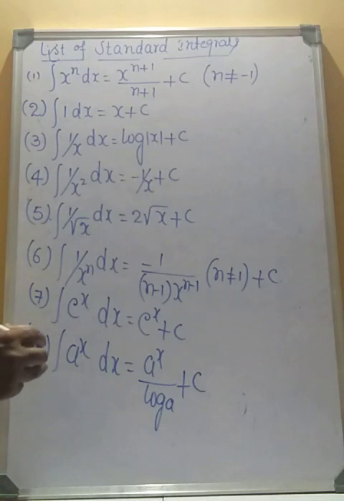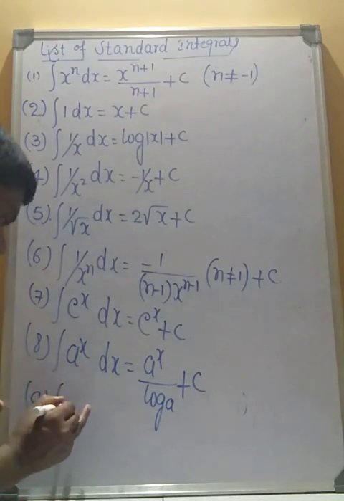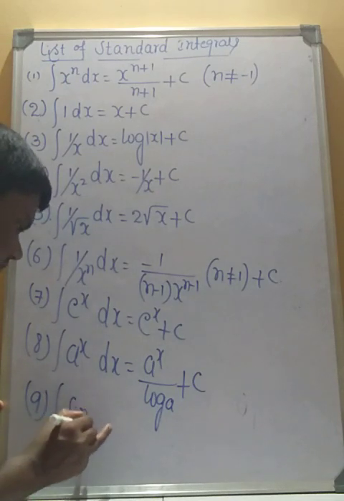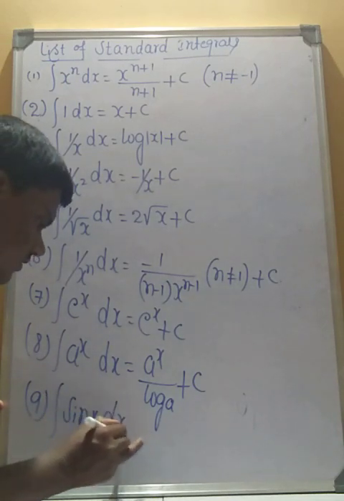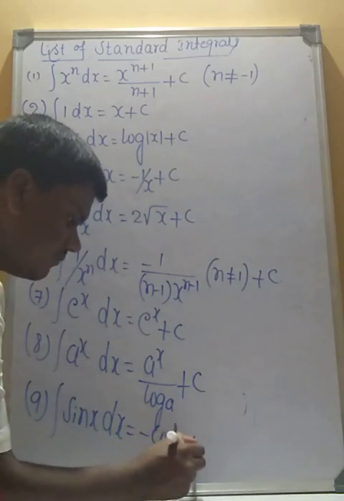The next integral of sin x, ninth one, integral of sin x into dx is equal to minus cos x plus c.